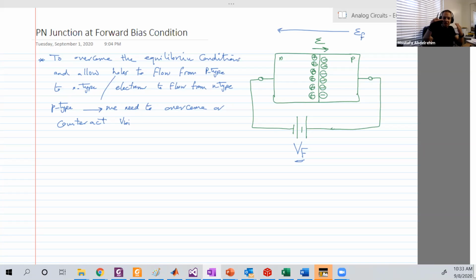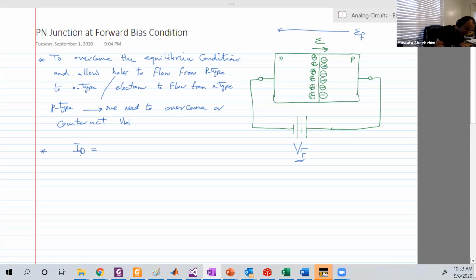And actually, there is even an equation that relates the current through the junction with the voltage across the junction. And this equation, which we don't need to go into the details of its derivation, is ID, the current through the junction or the diode.